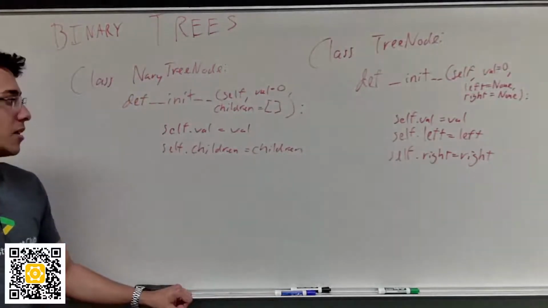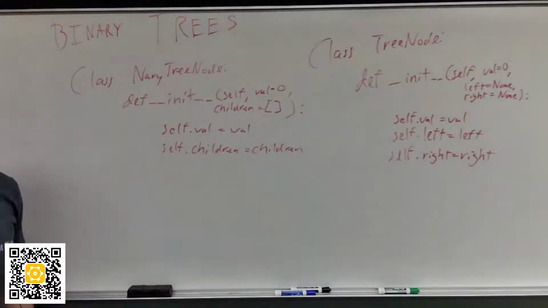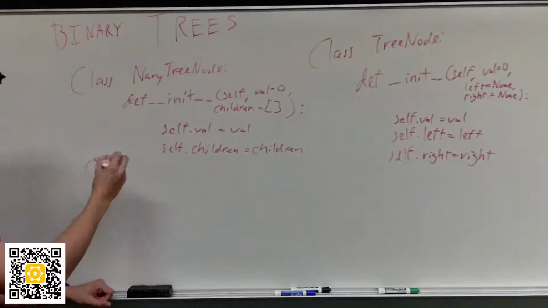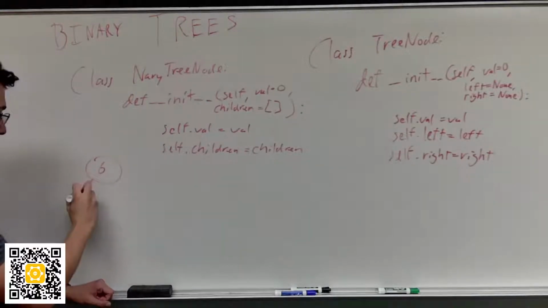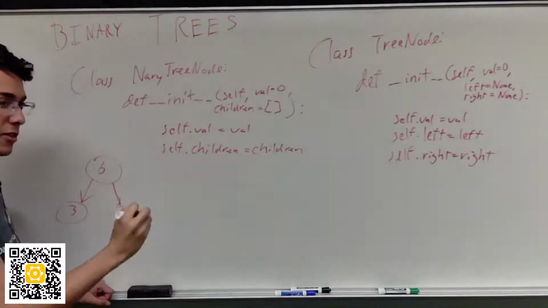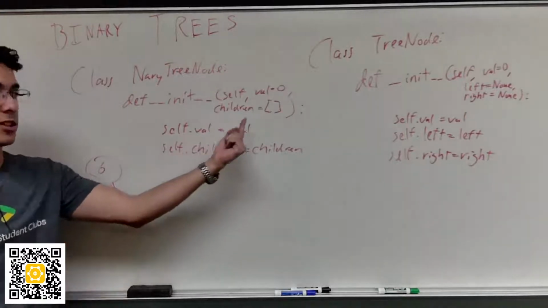So here, I'm not going to initialize it with code, but I'm just going to start out with this, right? So I can have a 6, and this could be a 3, could be a 5. But since it's n-ary, it's a list, right?